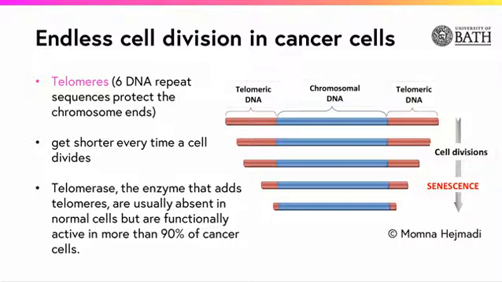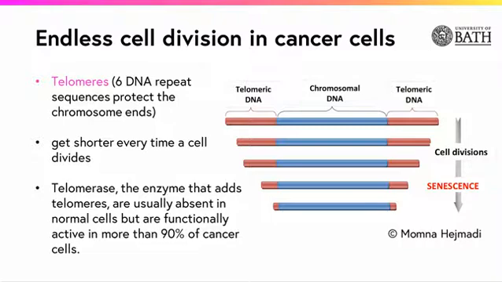Telomerase is turned off postnatally in most somatic cells. However, in cancer cells, telomerase is switched back on. Telomerase adds these telomeric sequences on the ends of linear DNA.